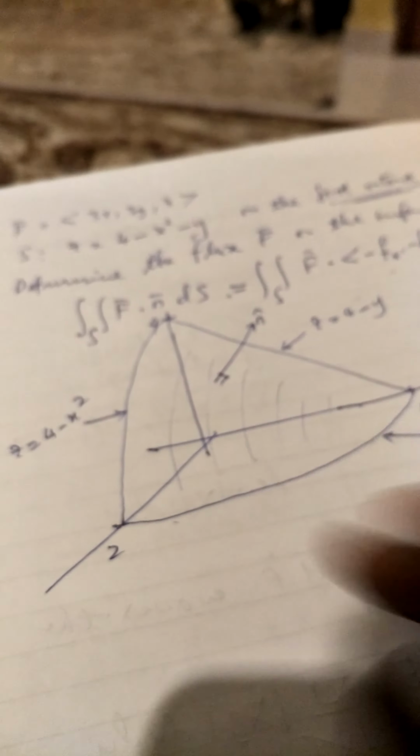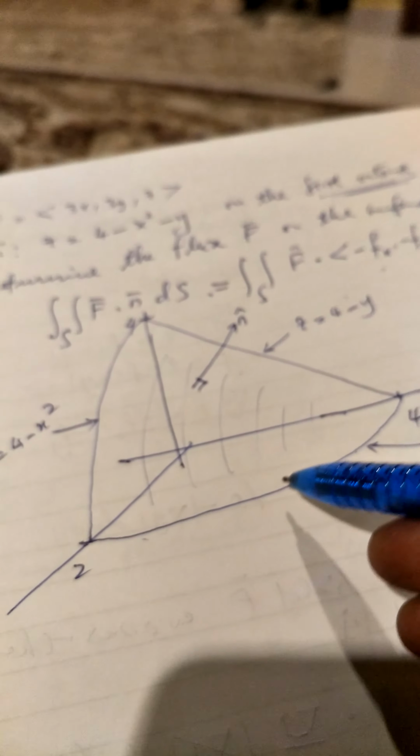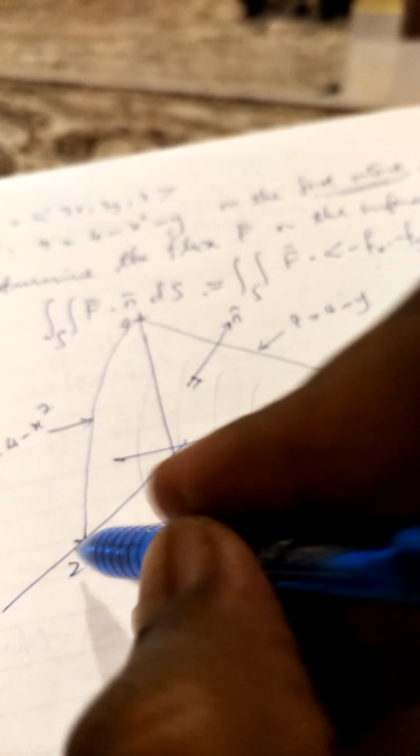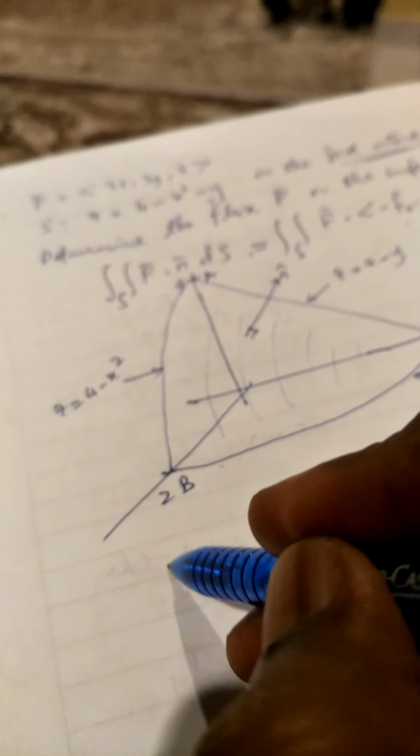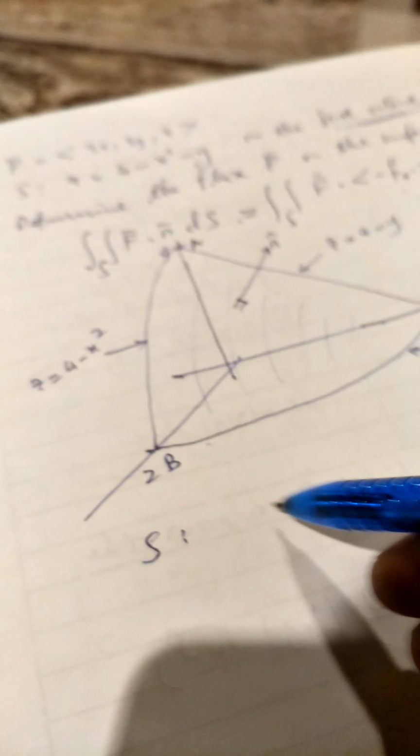Maybe I give a name to each of these vertices. Let's say I call them A, B, C. So our surface is given as surface ABC.